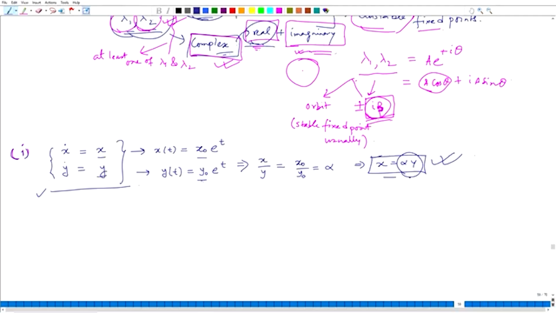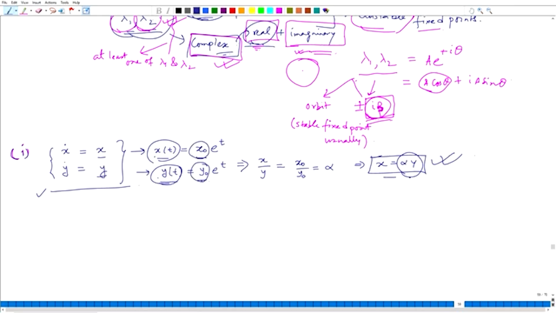Another point is when t is not equal to 0, x is never 0, and the same is happening for y. If t is 0, these are also non-zero, given x 0 and y 0 are non-zero. So, at which point can x and y be 0, if you start with some non-zero x 0 and y 0 values?